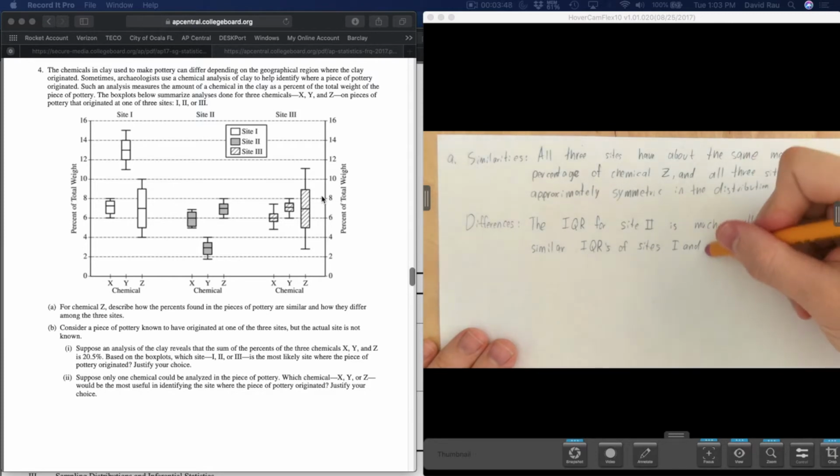Hopefully you can see that the IQR, or in other words, the size of the rectangular box, is much smaller for site 2 than 1 and 3.